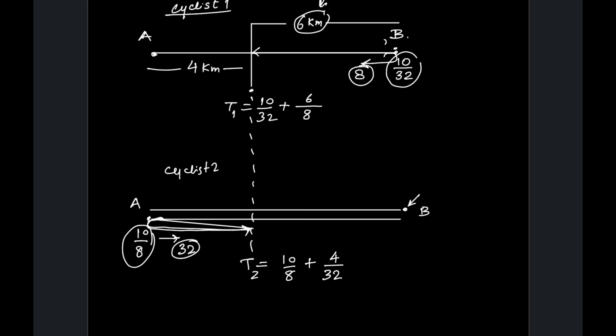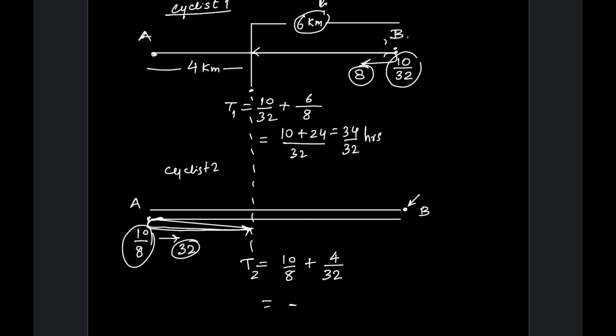Now it is given that one of these two cyclists is resting for some time and they reach here at the same time. So first we'll see which one of these two times is less. Let's solve this. This is 32, 10 plus 24, so it is 34 by 32 hours.